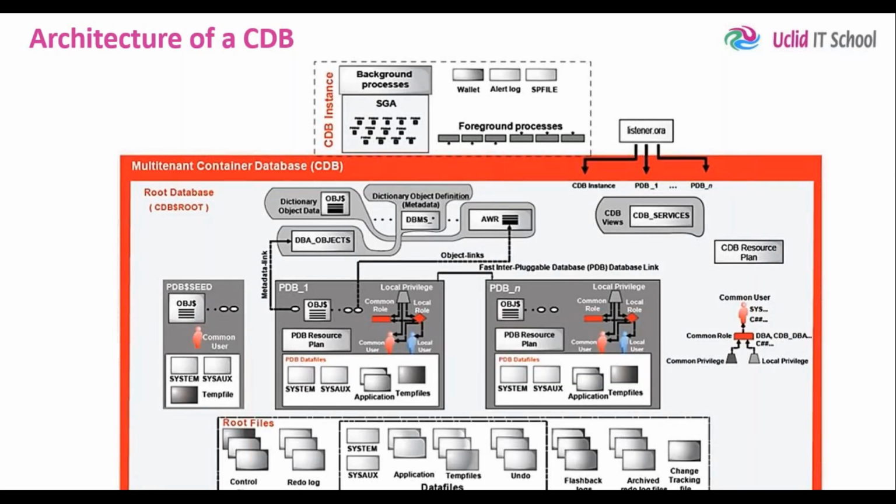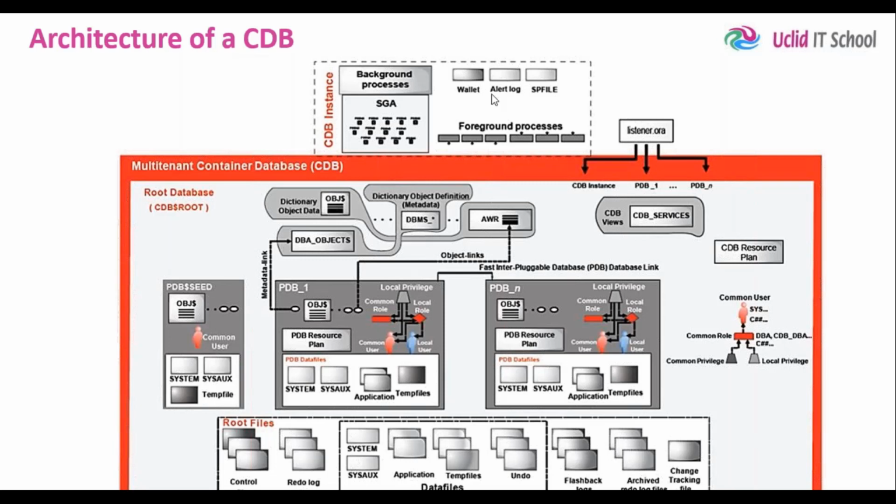Now, to take this architecture to a deeper technical level, I have one slide which shows you the technical architecture of the container database. You have two parts here. This red box is the container database. This dotted rectangle is the instance. So you have instance, you have database.